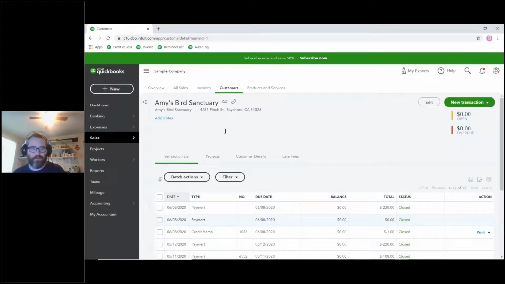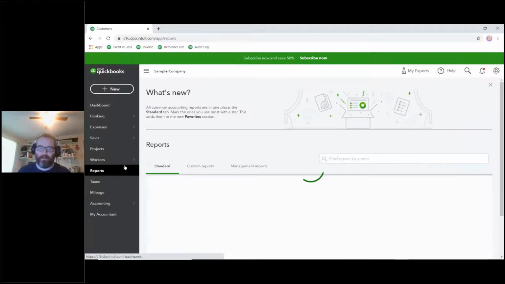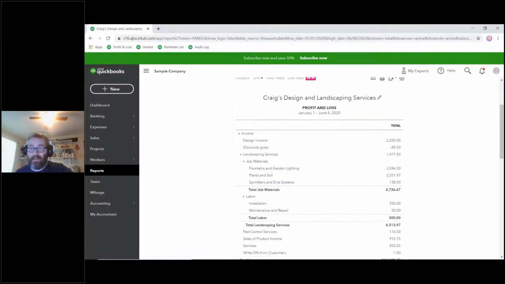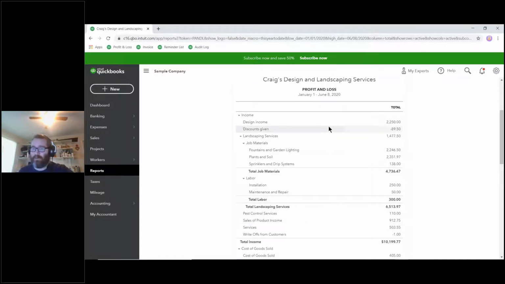Now, what did that do? Well, if I go over here to my profit and loss report, I would see the original income as a positive number, and then I would also see the write-offs from customers as a negative number. So that way, the net would be $238 for income. So that's how to deal with those situations.